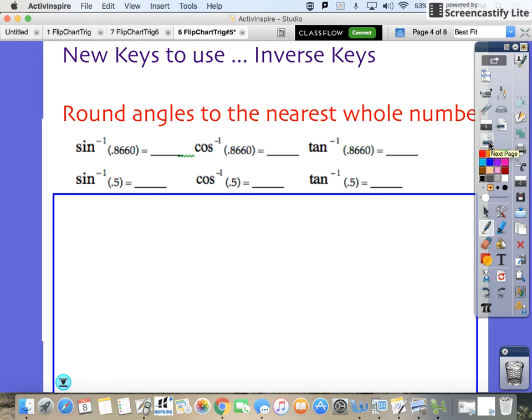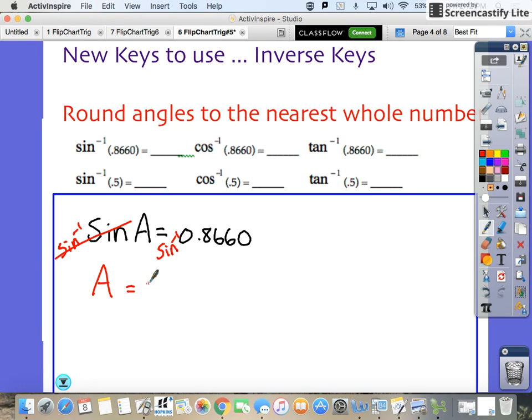We'll only do a couple of these. You can type them in your calculator if you want, but sine inverse of 0.8660 means that sine of some angle equaled 0.8660. So if we want to know this angle, what we have to do is take sine inverse of both sides. So we know that A is equal to sine inverse of 0.8660.